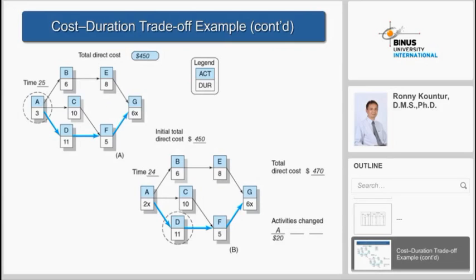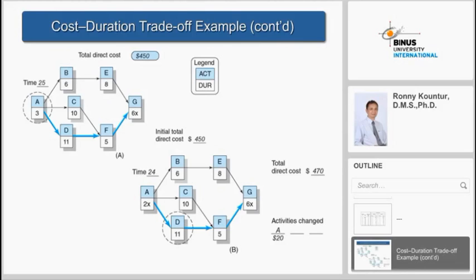But since it is 0, we will not use it. So we go to the next smallest after 0, which is A, which is 20. So we select A. Let's reduce activity A by 1 day.